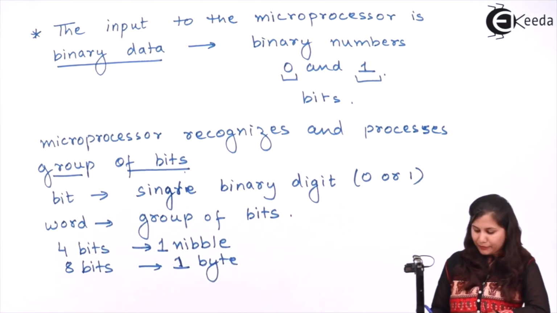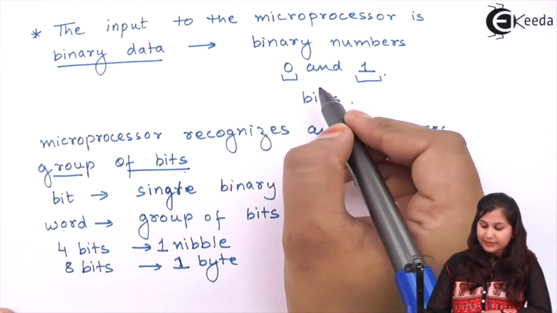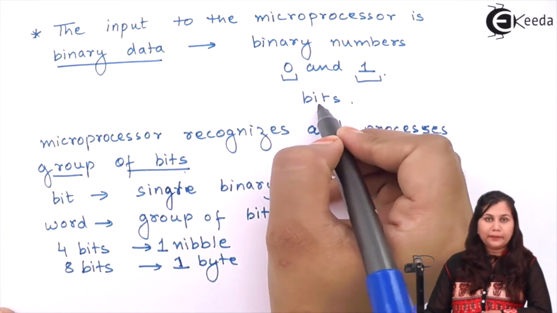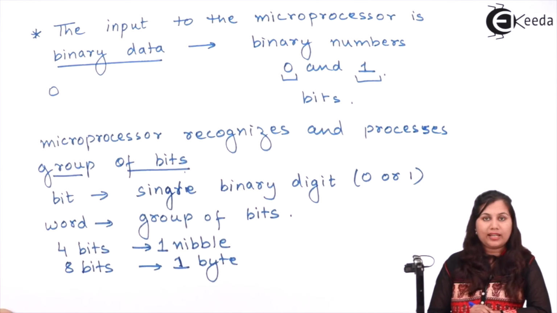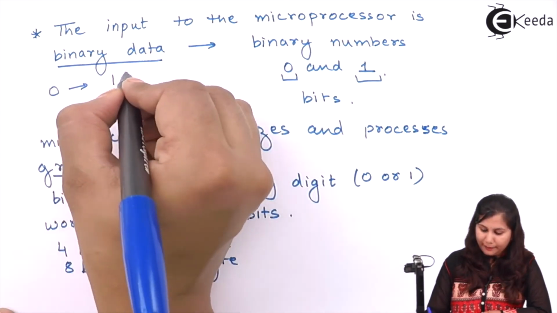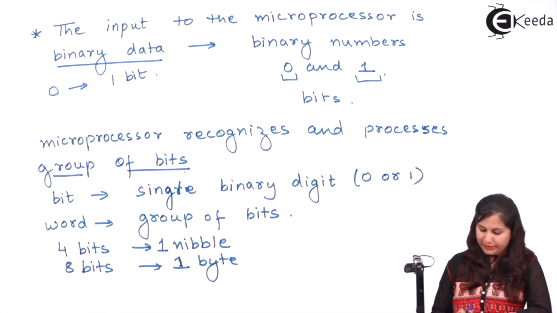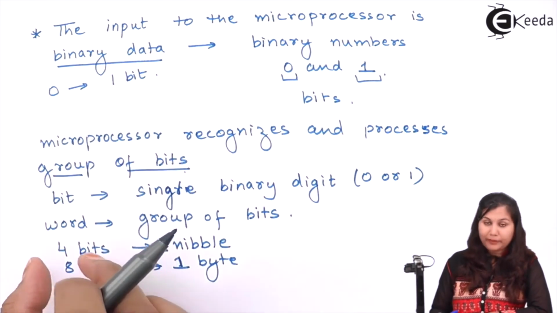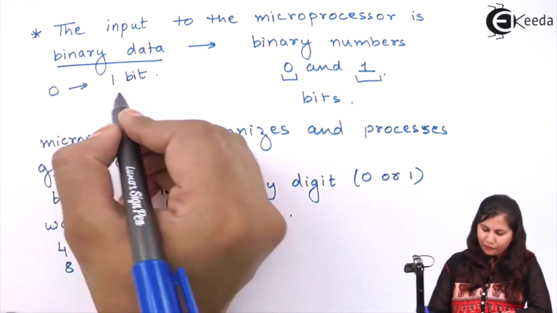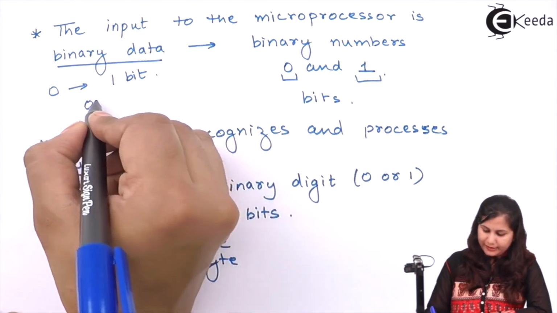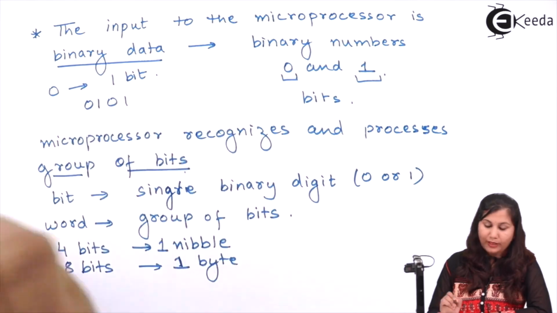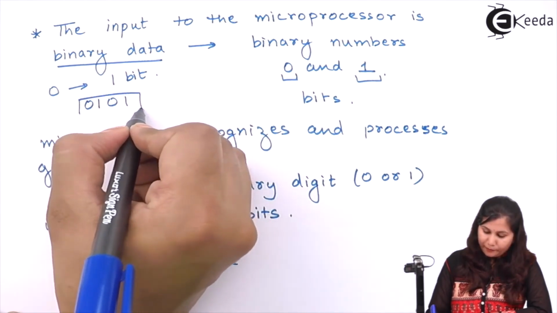Let's take an example so that you can understand. I have said that 0 and 1 are called bits. If 0 is given as an input, then it is 1 bit given as an input to the microprocessor. If now we have a combination of 4 bits, like 0, 1, 0, 1, these are 4 bits.